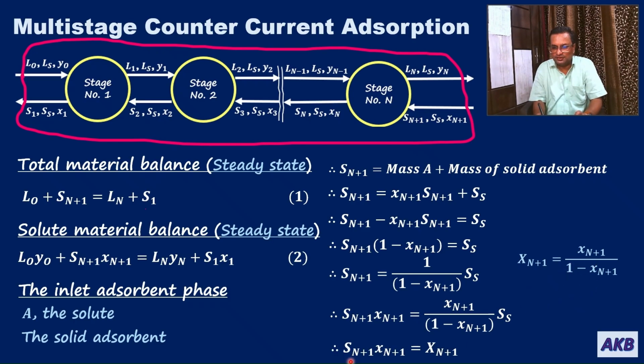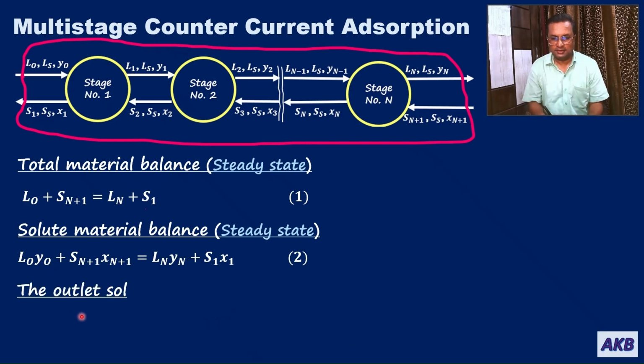So finally you have this step: Sn plus 1 into small xn plus 1 is capital Xn plus 1 into Ss. That is, in equation number 2, the term Sn plus 1 into xn plus 1 can be replaced with capital Xn plus 1 into Ss. Likewise, as per our earlier discussion, L0 into small y0 can be replaced with capital Y0 into Ls.